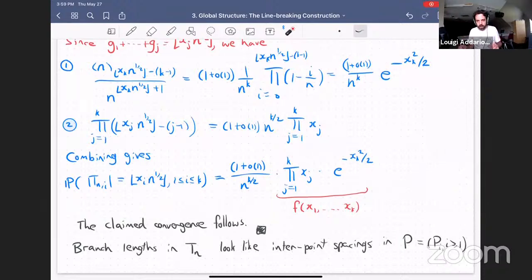So that mesh precisely cancels out the factor 1 over n to the k over 2. Right, and Leor has given another explanation in the comments.